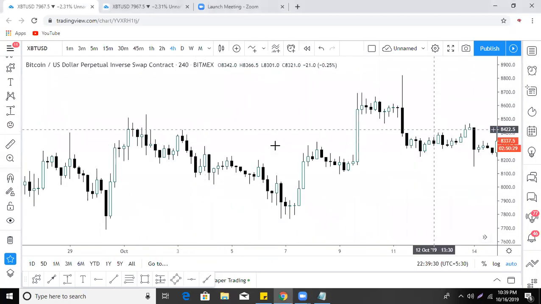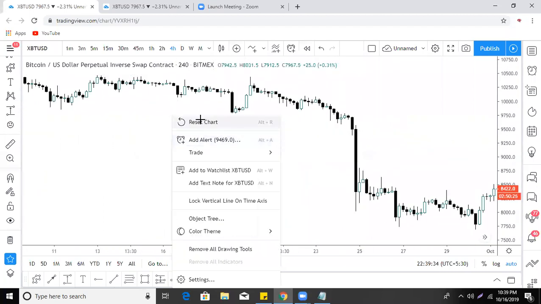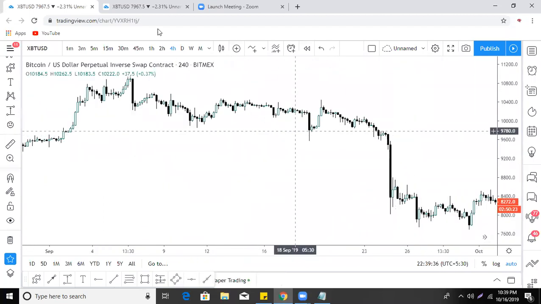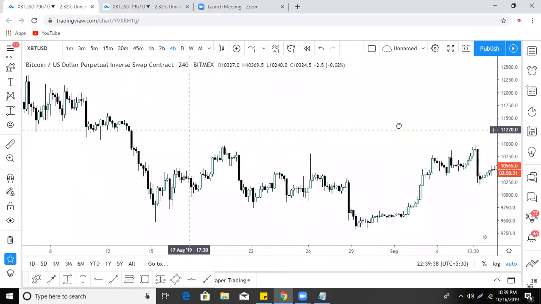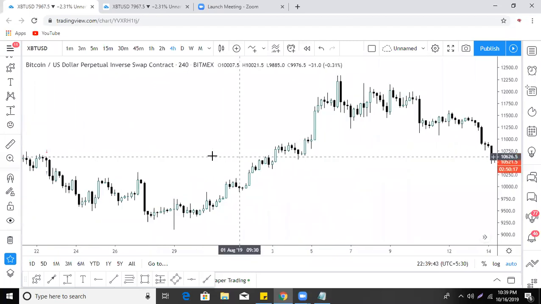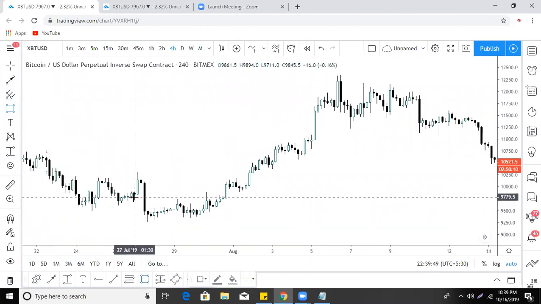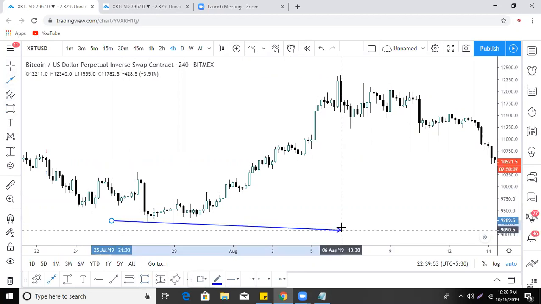Okay, let's move further. I would like to tell you the uptrend and the downtrend in a chart one time. So let's take a move of Bitcoin. If we see this chart from this place, let's consider this was the initial price.